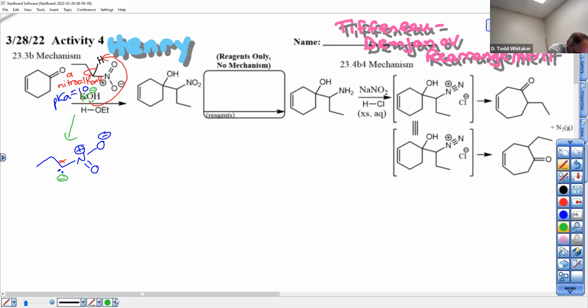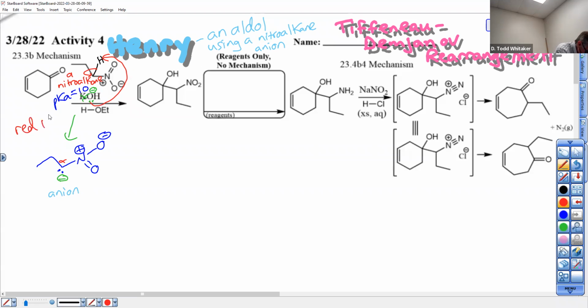One thing I didn't tell you, the Henry is an aldol using a nitroalkane anion. That's what we have right here, anion. And we know the aldol inside and out.